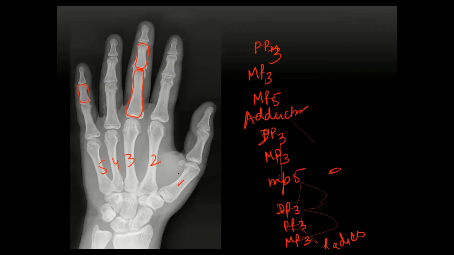Then is adductor sesamoid. Then is distal phalanx of third finger. Then is middle phalanx of third finger. Then is middle phalanx of fifth finger. Then is distal phalanx of third finger. Then is proximal phalanx of third finger. Then is middle phalanx of third finger. And last is radius. So how many bones? 1, 2, 3, 4, 5, and 6. So there are 6 sites.